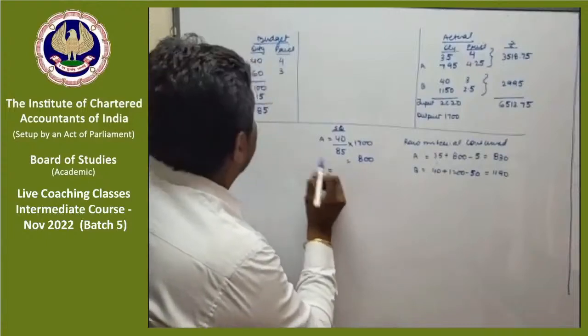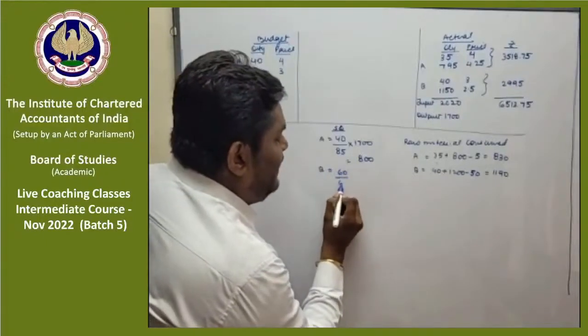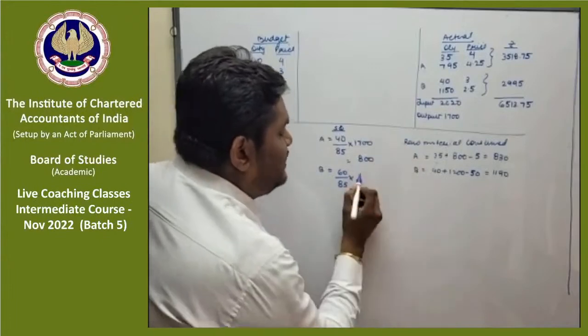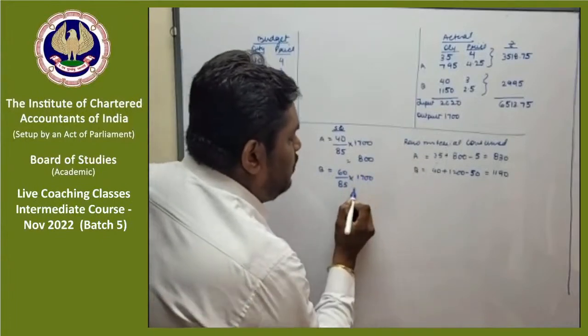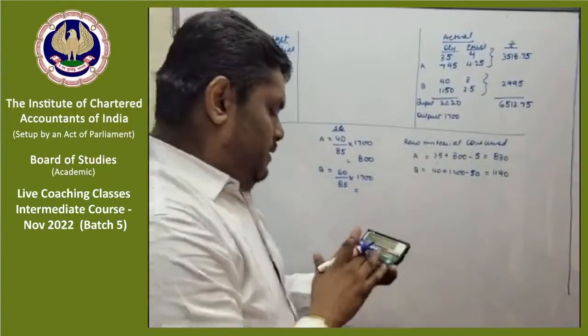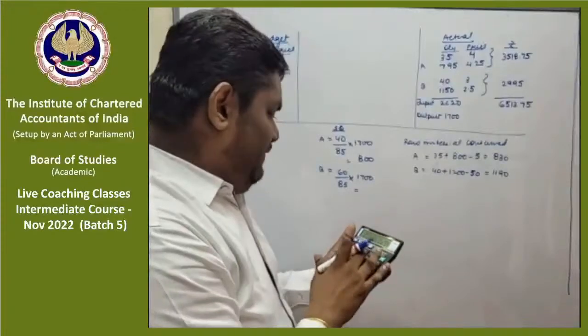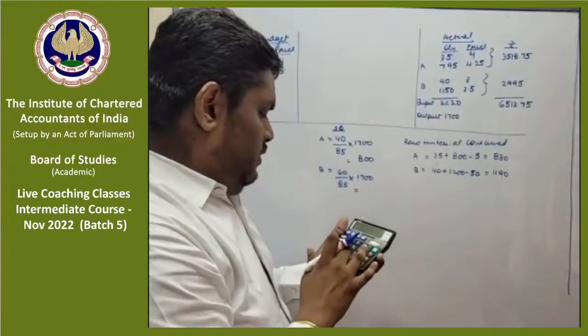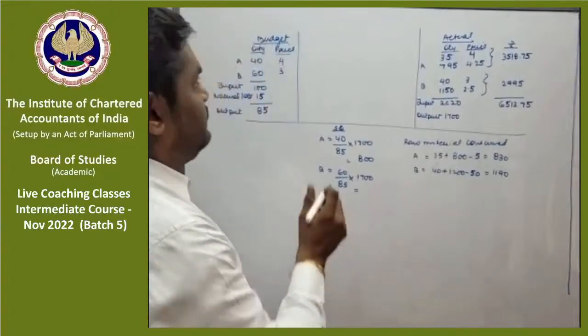Similarly for B, 60 is for 85. So how much for 1700 output? Very simple, 60 divided by 85 into 1700. So this will be 1200.